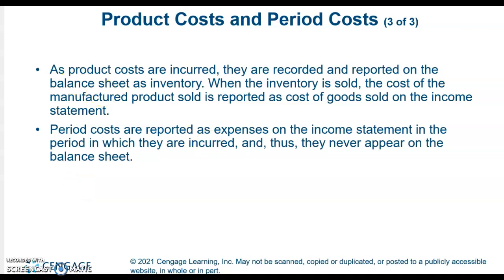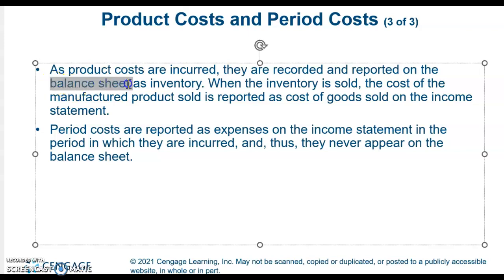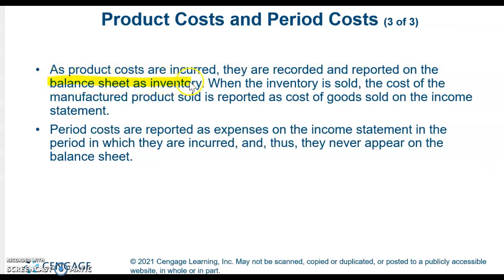Okay, so where is inventory recorded? Well, it's an asset, and assets are on the balance sheet. So product costs are part of inventory. Inventory goes on the balance sheet.